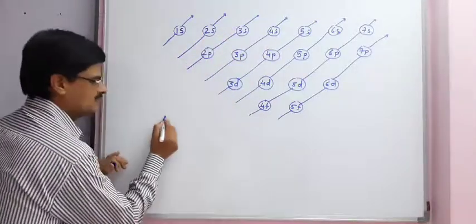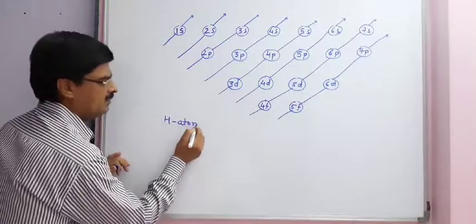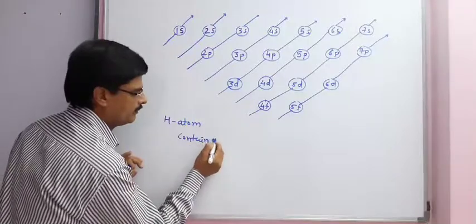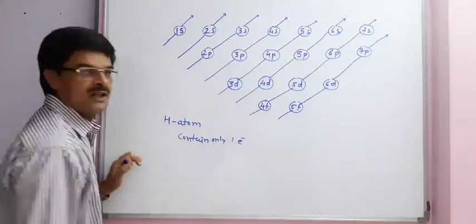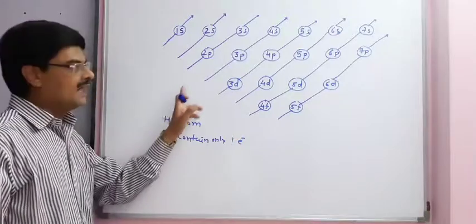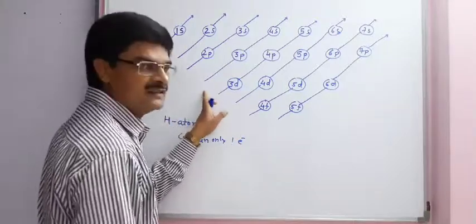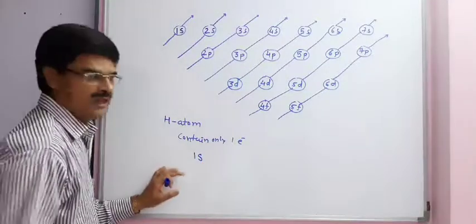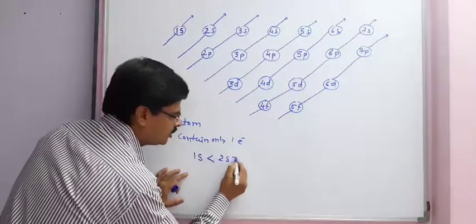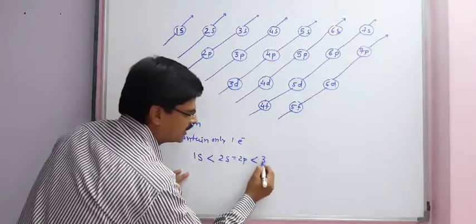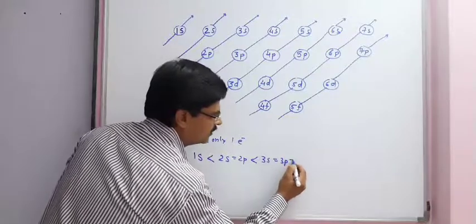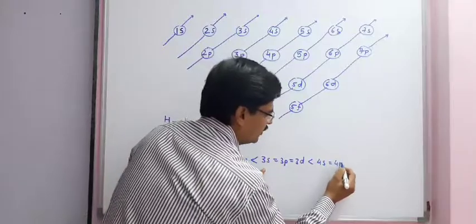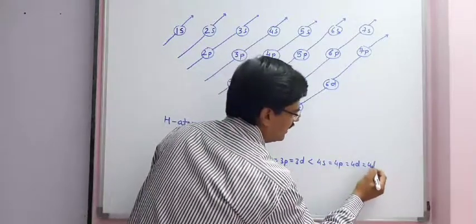But for hydrogen, an atom containing only one electron, the energy sequence can be written in the simple form as 1s, smaller than 2s equal to 2p, smaller than 3s equal to 3p equal to 3d, smaller than 4s, 4p, 4d and 4f.